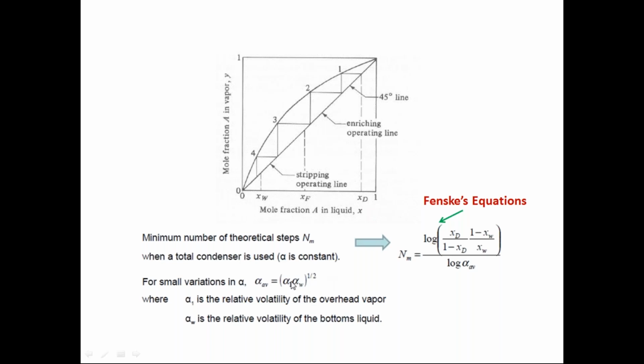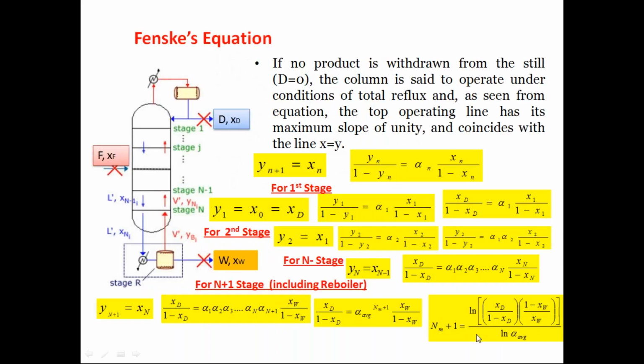Then you can take the mean of the alpha, which will be given as alpha average. So that alpha average can be used to estimate the minimum number of plates. So this is how the minimum number of plates is found.